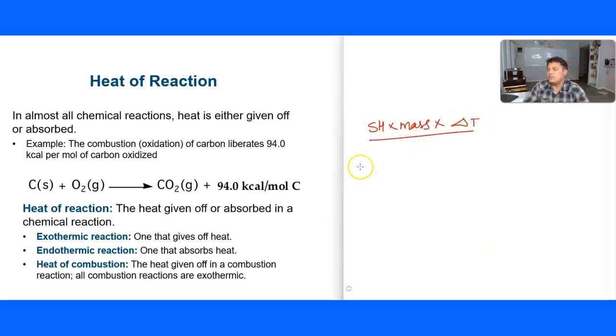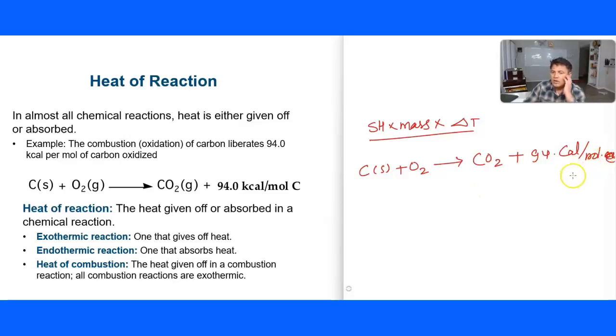But the heat of reaction means how much heat is produced or consumed during the reaction. That is the heat of reaction. For example, C(s) plus O2 gives you CO2 plus 94 calories of heat, calorie per mole.